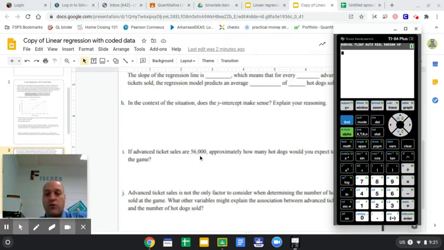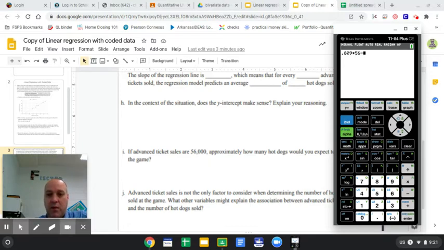Now, the reason we came up with this equation is so that we can figure out how many hot dogs he needs to buy. So if there's 56,000 tickets, that's 56. So the equation was 0.809 times x. X is 56. So I put 56 right there.